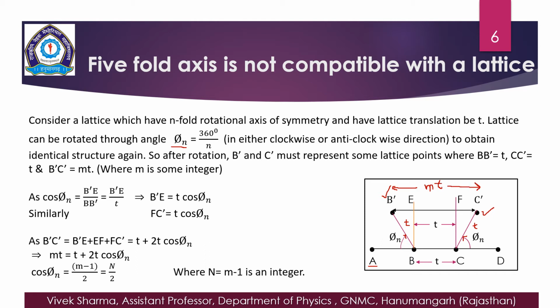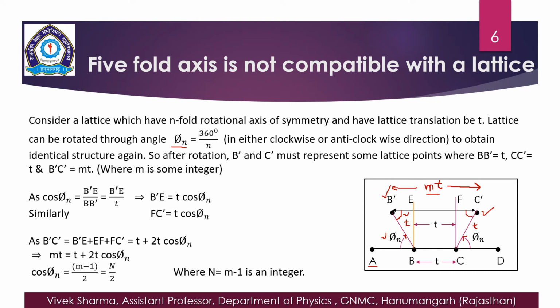It's clear that B dash is T, C dash is T, but B dash C dash is M T, where M is some integer. It can be 1, it can be 2, it can be 3. As this angle is phi n, the angle E B dash B must be phi n again. Similarly, here angle C C dash F must be phi n again.